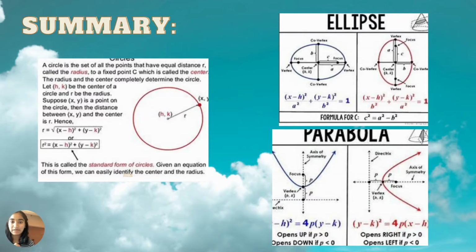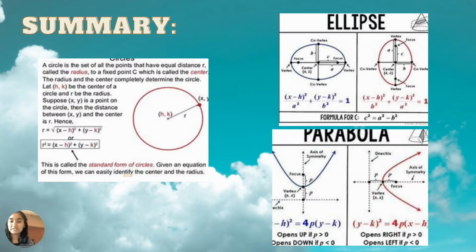Radius can be determined by the Pythagoras theorem. Using the Pythagoras theorem between these two points, we have r equals the square root of (x minus h) squared plus (y minus k) squared. That can be simplified into r squared equals (x minus h) squared plus (y minus k) squared. That is the standard form of a circle.